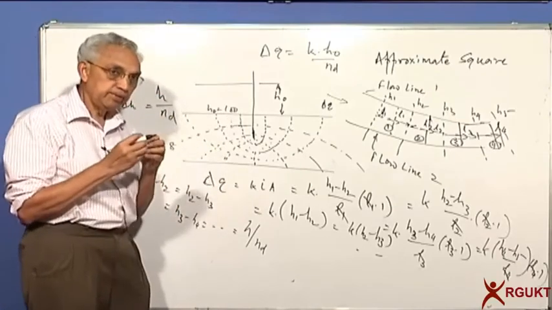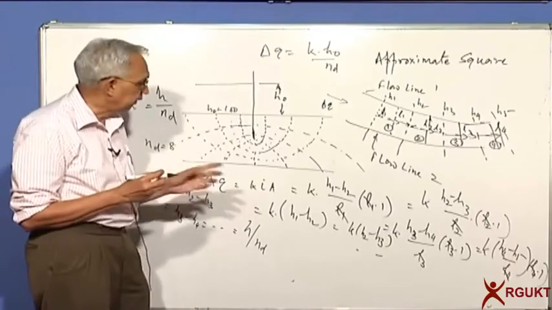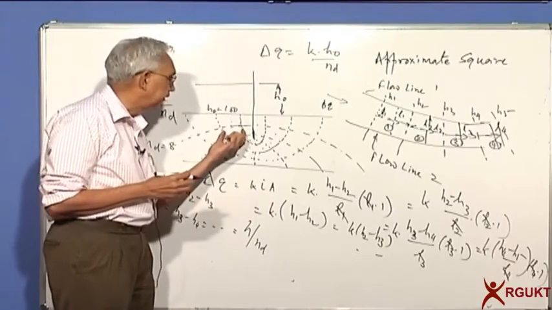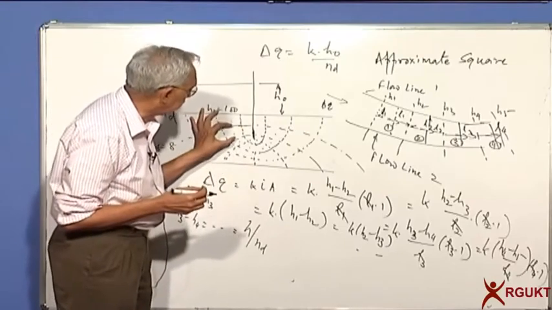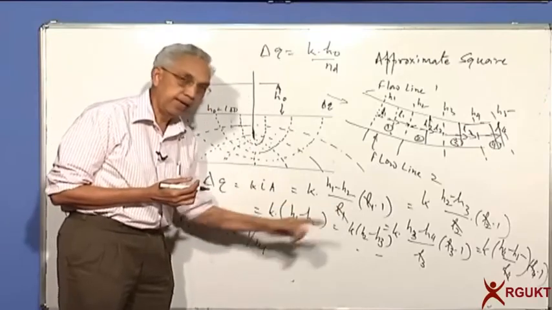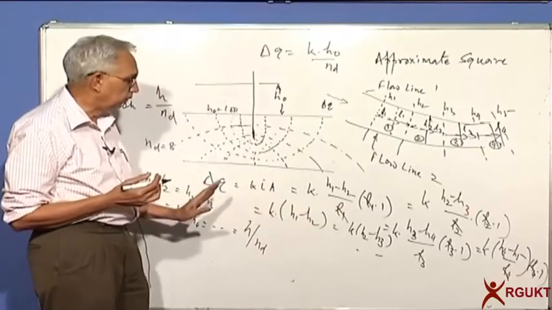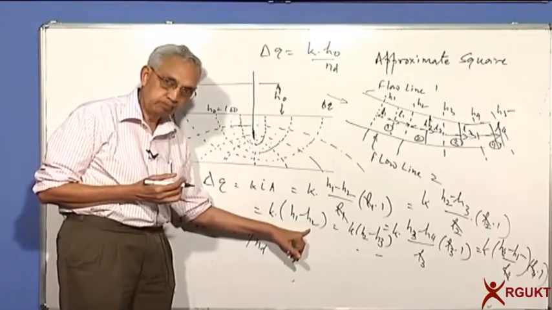But since we have a flow net which has a square pattern, you can say that the distance between the two equipotential lines and the flow lines are the same, and you cancel L, and you will find that the flow is controlled by K times the net potential difference.